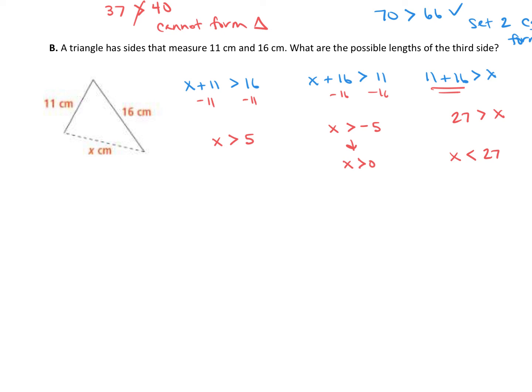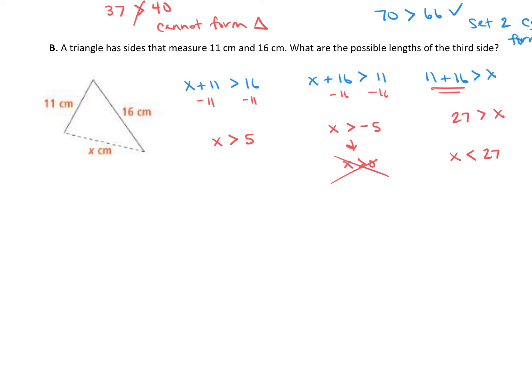All right, so this middle one, we're saying x has to be greater than 0, but over here, x has to be greater than 5, which cancels that one out, because if we say x is greater than 0, we're saying x could be 1, 2, 3, 4, but over here, x has to be greater than 5.